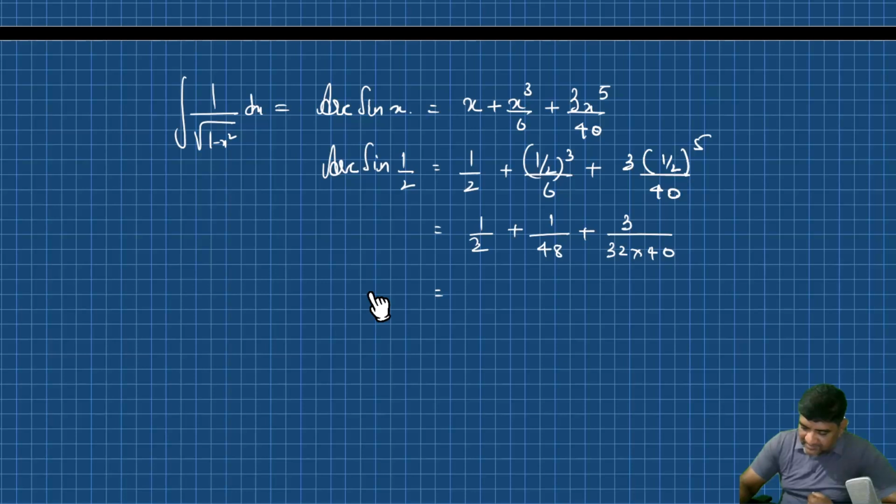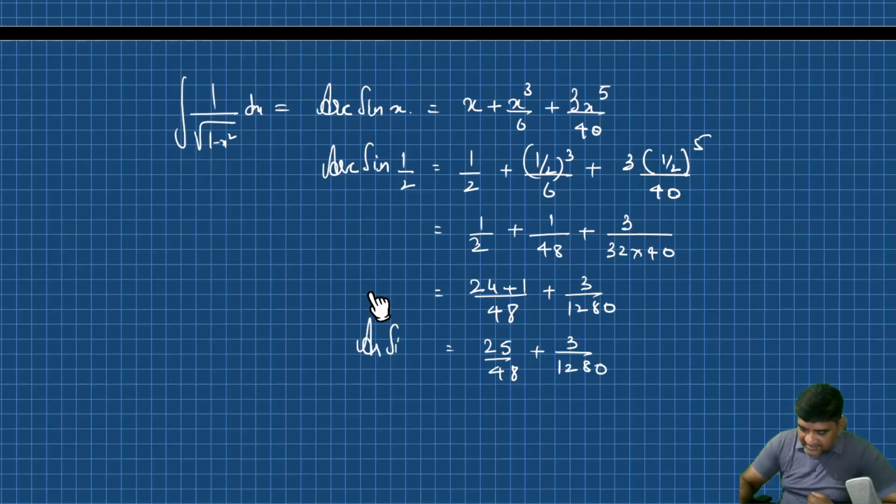So I should get a 25 by 48 once I add this up. So I'm going to multiply this with a 24 plus 1 divided by 48 plus 3 divided by 1280. So that's 25 by 48 plus 3 over 1280.